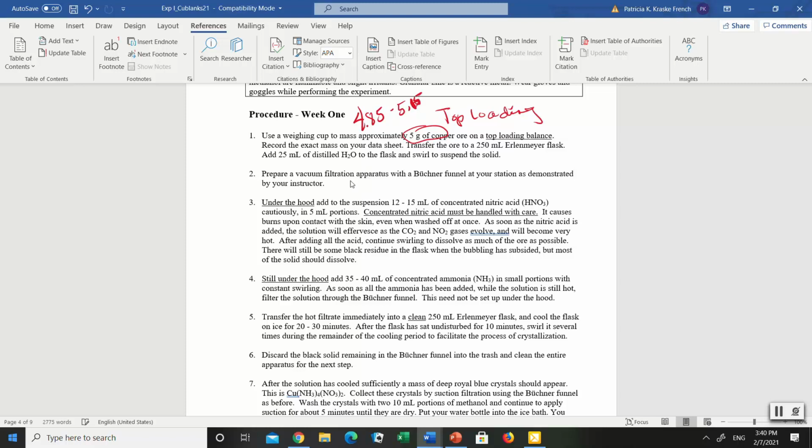Then you're going to be transferring it to an Erlenmeyer flask, not a beaker, and start your reaction. So we will be talking about the exact how to do stoichiometry again in the processing the data video.